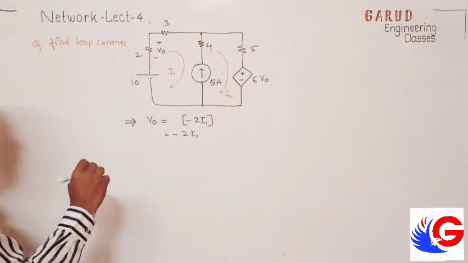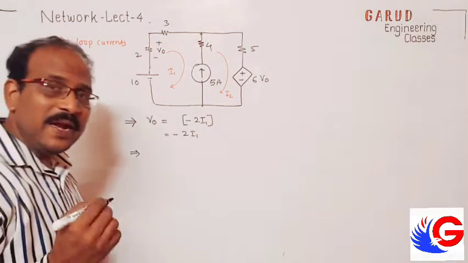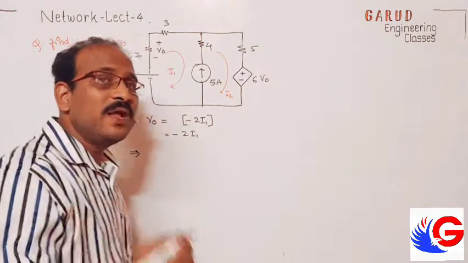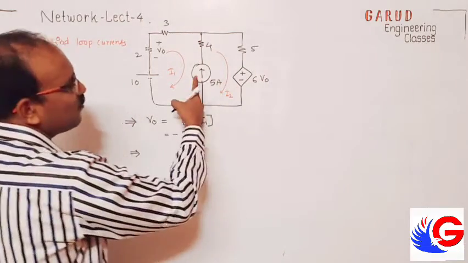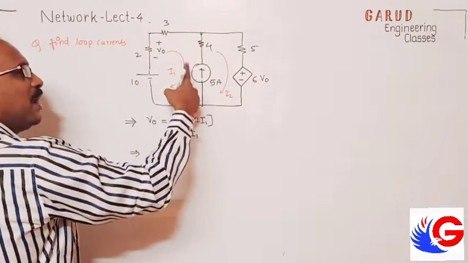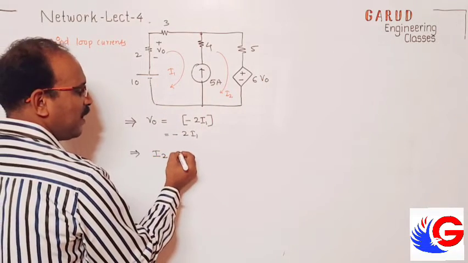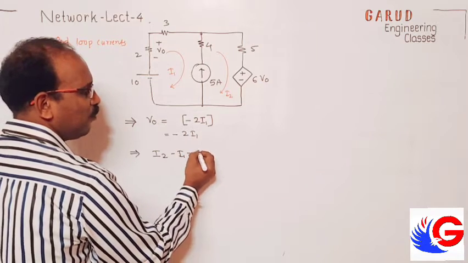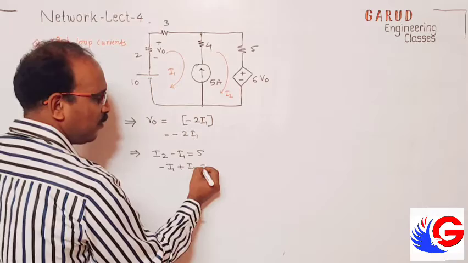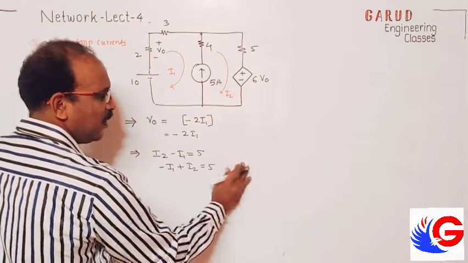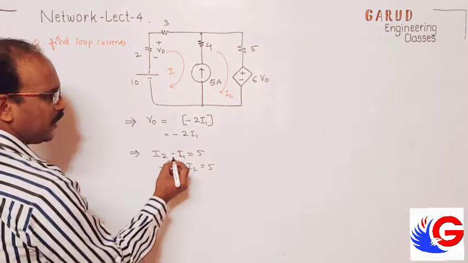Now we can substitute that value. We write KVL in the ordinary way. But while writing KVL, what is rule number 1? Check whether there is a current source, and if so, express it. Is there any current source? Yes, it is in the sharing branch, upward. So second minus first equals 5. I rearrange this: plus I2 equals 5.